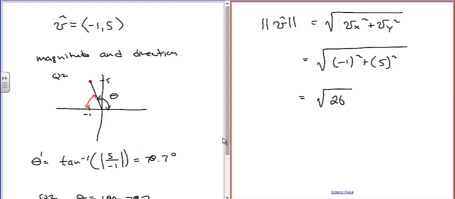So you've got to use a little geometry to figure out this angle, especially if it's not in the first quadrant. So plot the point that represents the vector, see what quadrant you're in, and use the appropriate formula for the quadrant.